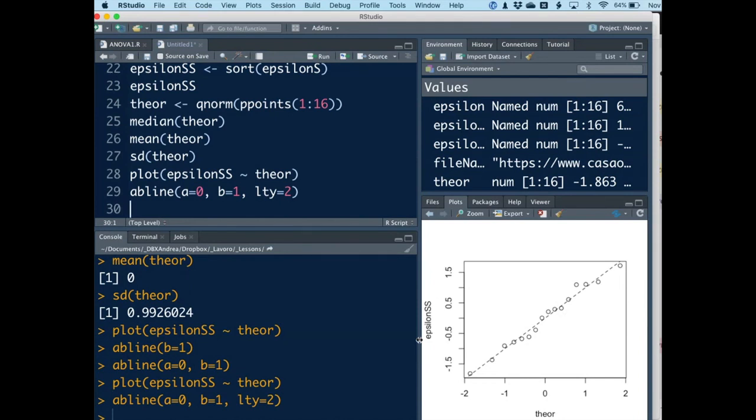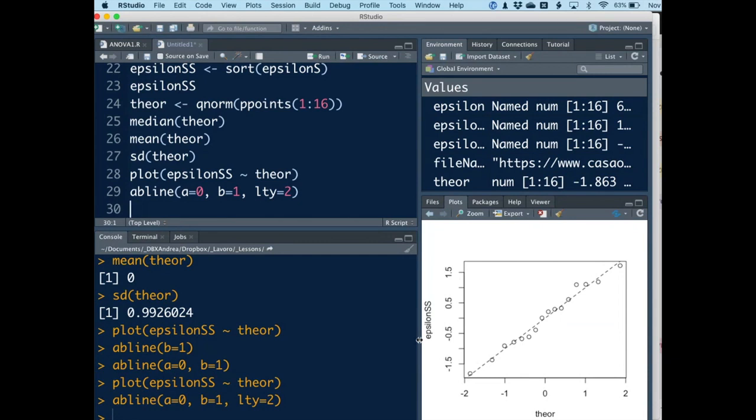So that's easy to spot whether the residuals are Gaussian or not. Because we have on one side the theoretical residuals. They are certainly Gaussian because we drew them as Gaussian. And on the other side, we have our residuals. If the two series of data match, the points should lie along the diagonal.